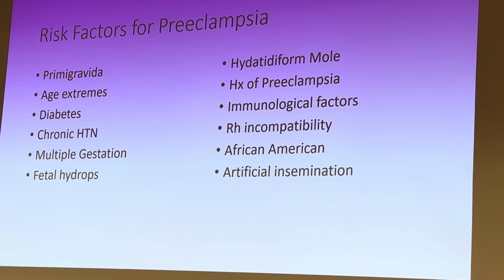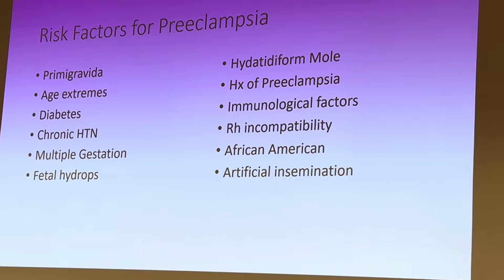Condition called fetal hydrops, we don't talk a lot about that, but it's basically where if you looked at a picture of a fetus with fetal hydrops, because it's not compatible with life, once they're born, they basically have extreme fluid volume overload and they third space out all their fluid, and so their heart doesn't function, their body's not perfusing, and they typically just look very edematous, but it's fatal for babies. And then the hydatidiform molar pregnancy is a risk factor. History of preeclampsia, immunological factors.